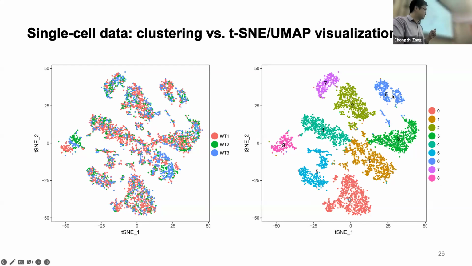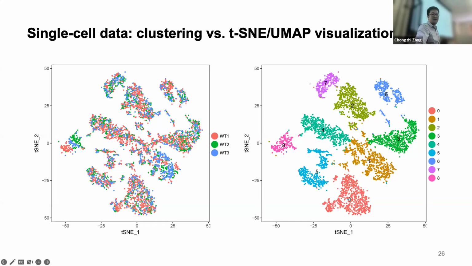Here, there is a very important point that I want everyone to keep in mind and pay attention to when you read a single cell UMAP: the clustering results, represented by different colors, are generated separately from the UMAP visualization.